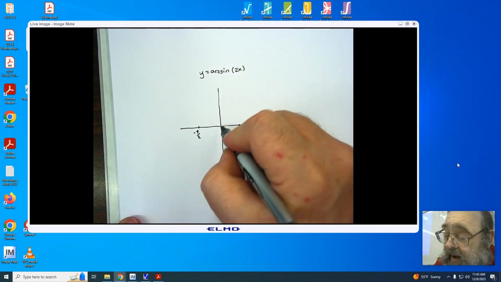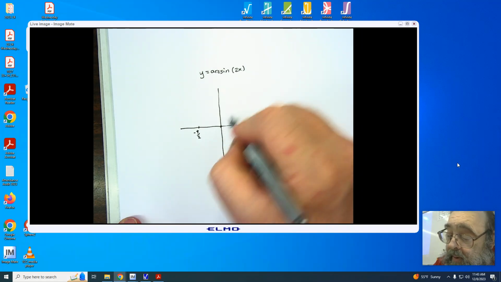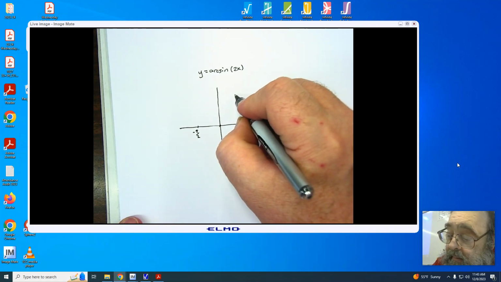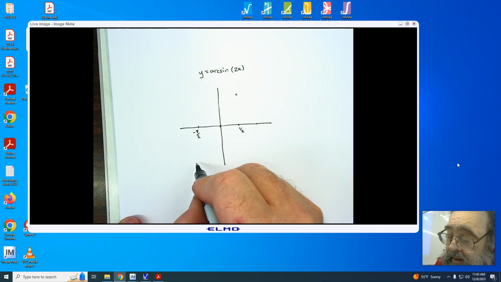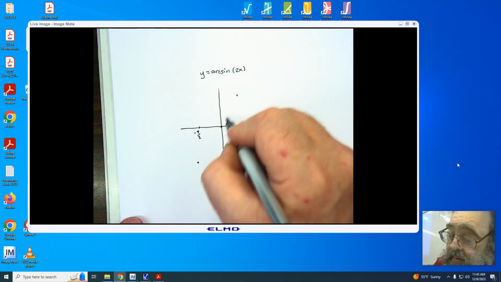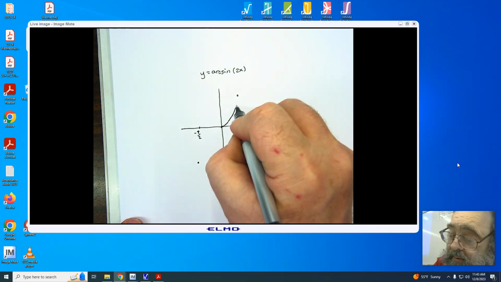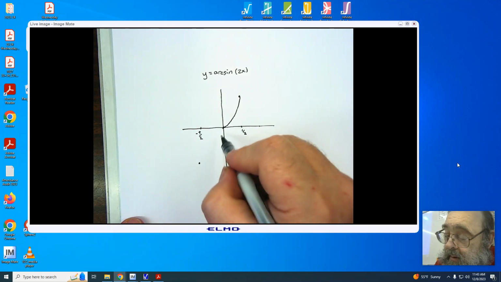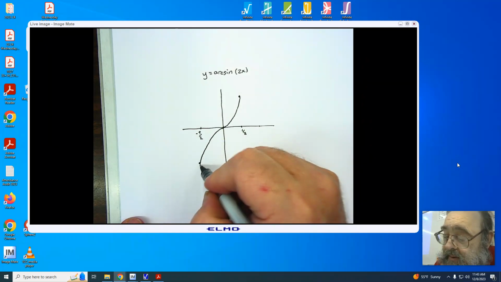We still have the values in the same places: 0, pi over 2, and negative pi over 2. The only thing that's changed are these x values. So our curve still goes like so.